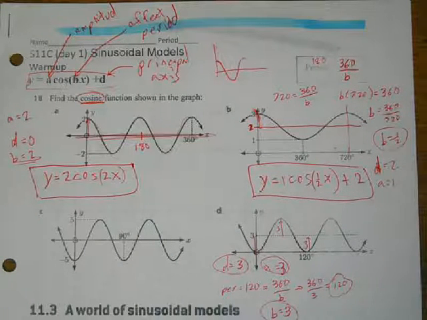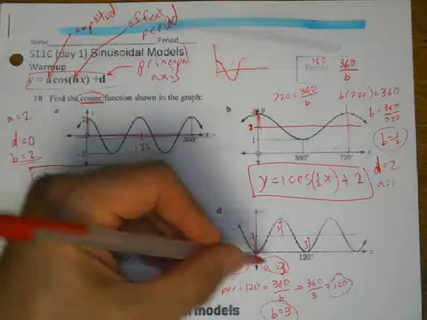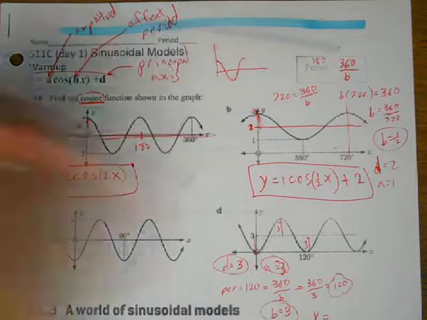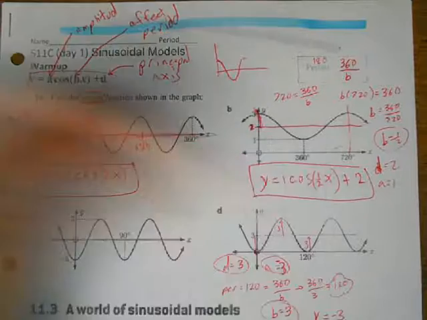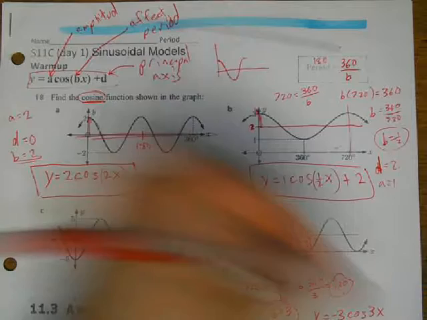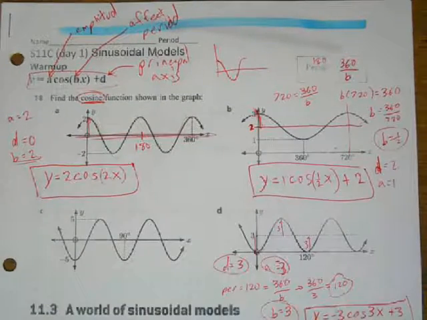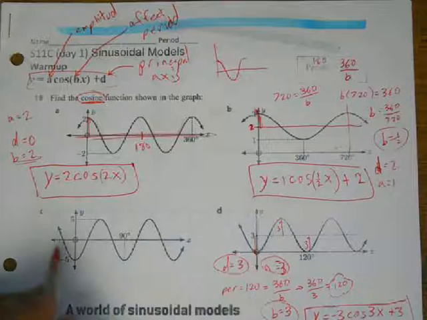Wow, what do you know? Okay, oh wait, but it's starting down here, so amplitude is -3. So my equation is y equals -3 cosine 3x plus 3. And this is negative because it's starting down here instead of on the top.